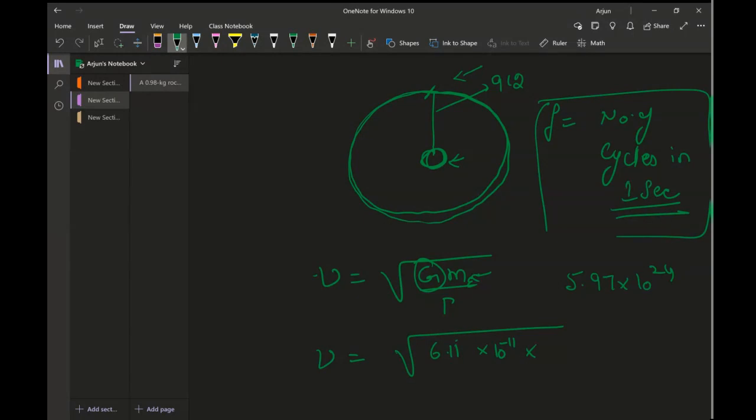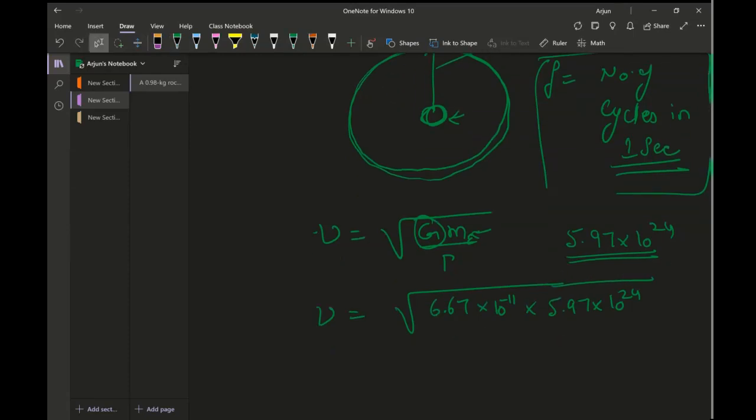Yeah, so that's correct, but this value I've written wrong down here. This is 6.67. 6.67 times 10 to the negative 11, and 5.97 times 10 to the 24. Some of the books use it as 5.98. Go ahead and use that value, whatever value. It's not going to make much of a difference, 98 or 97.